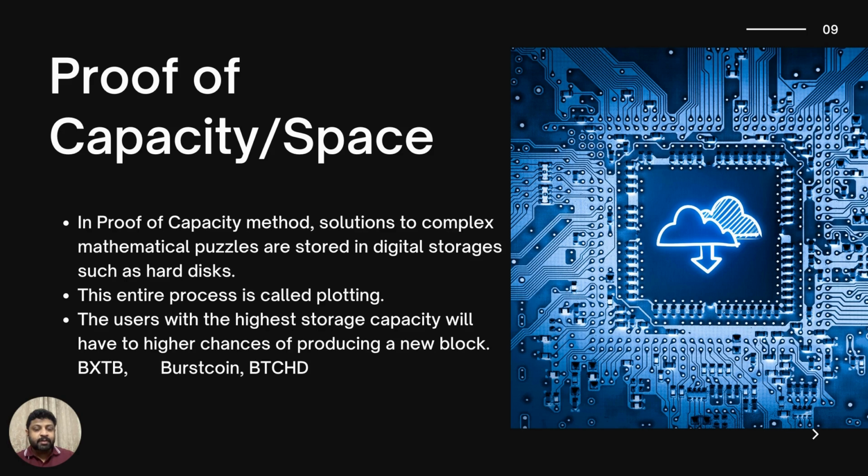This mechanism is pretty straightforward, as it is mentioned in the name itself. The node with the most extra space available in its hard disk gets the priority to be a miner. Examples of this mechanism are BXTB, Burstcoin, BTC-HT.